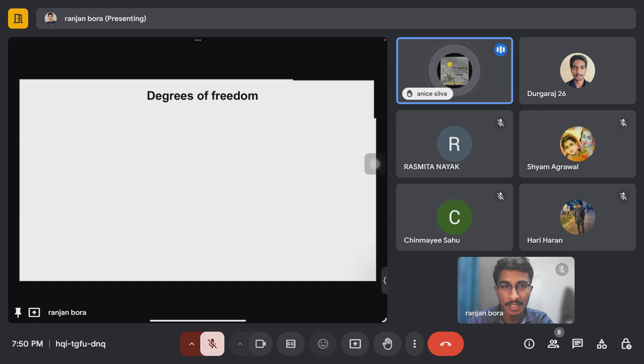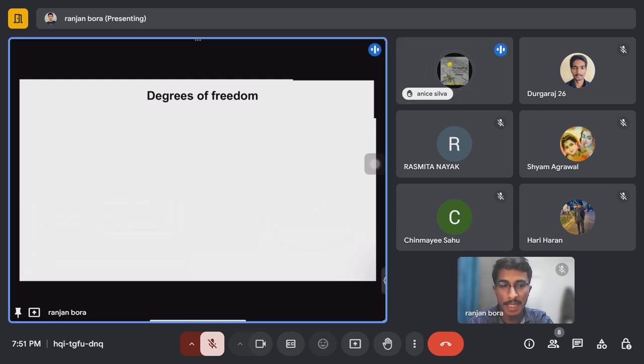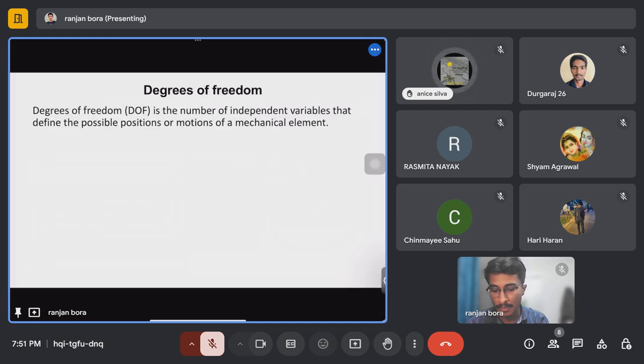That is not related here. Degrees of freedom is the number of possible independent movements of a mechanical system. It is the number of independent variables that define the possible positions or motions in a mechanical element.